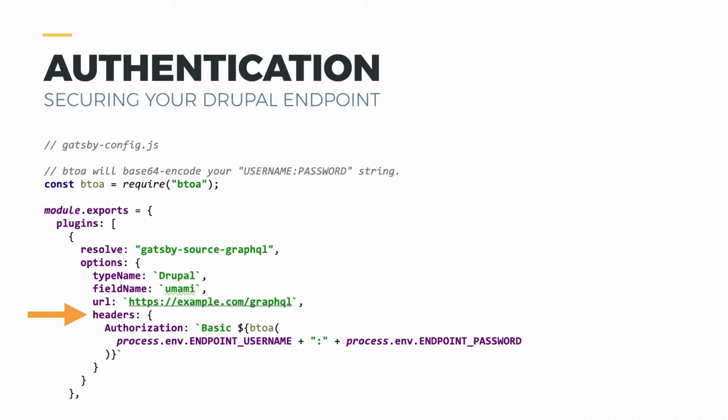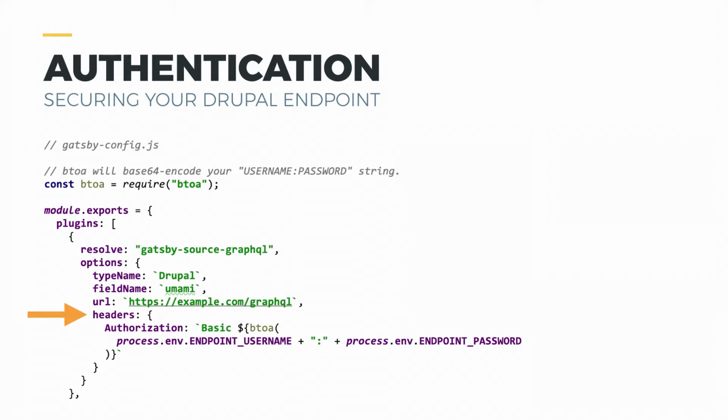So we'll go back into our gatsby-config.js file. We're going to have to import one NPM module called btoa, and all it does is base64 encode strings. So we're going to have to take our username and password and put a colon in between the two and put it in a string, and then base64 encode that whole thing and send it as a header.